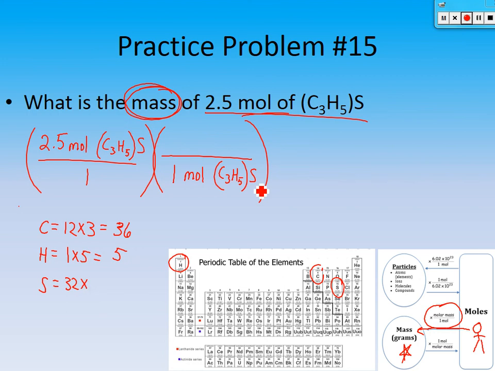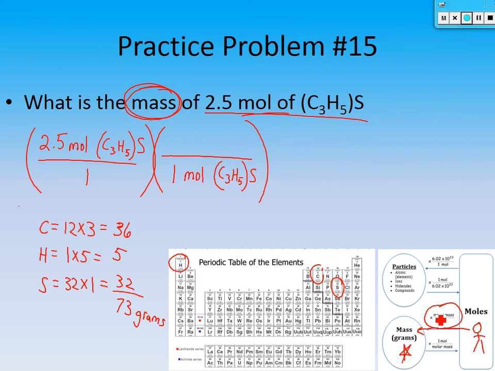And I've only got 1 sulfur, so I'm just going to times it by 1, so that's 32. Now when we add that together, 36 plus 5 plus 32 is 73. So it has the molar mass of 73 grams.